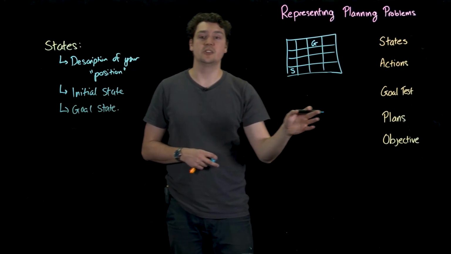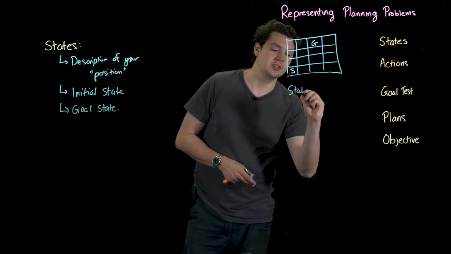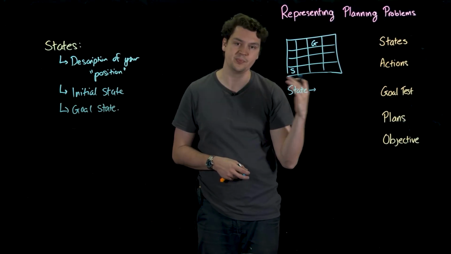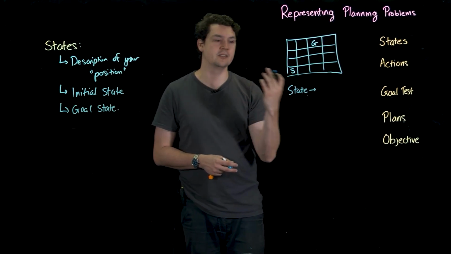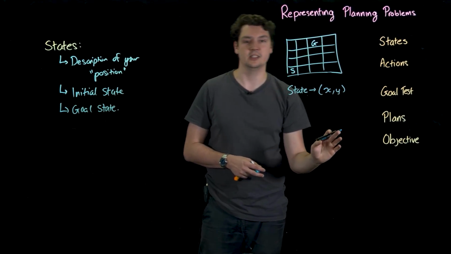So then we need to talk about what is a state? Sure, I call it a state, but we need a way to actually translate this into a description. Within a pathfinding example, the very common practice is to talk about it in terms of an XY location.